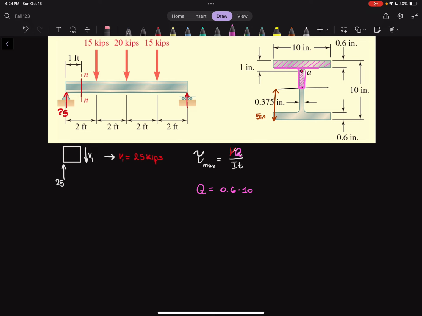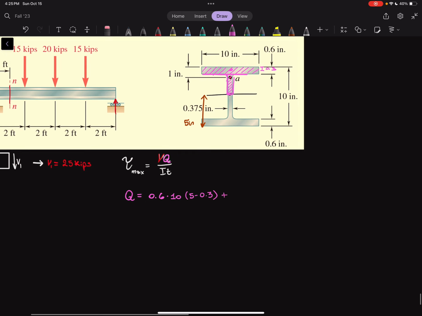Well, the neutral axis is at 5, and this distance over here is 0.3, where my centroid is. So we're going to do 5 minus 0.3, which is 4.7. That's going to be the first part of my Q.